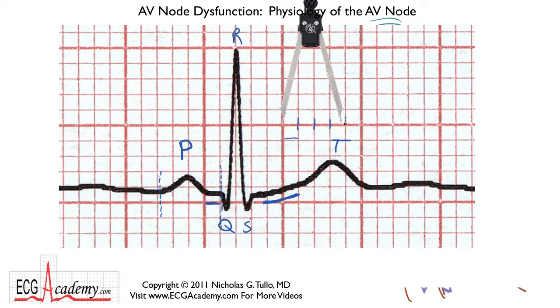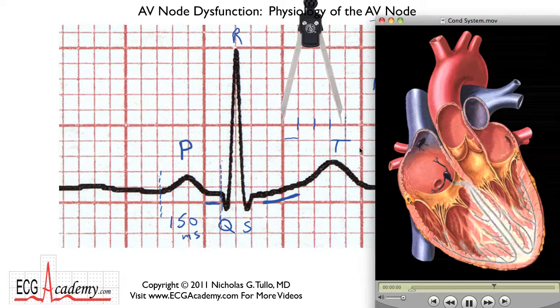This would be 160, but it's about 3/4 of a box here, so you have to call this 150 milliseconds. So the PR interval is 150 milliseconds. That's normal. The normal PR interval should be 120 to 200 milliseconds. That's the normal PR interval. When that interval is outside those ranges, then you consider this an abnormality and you can make the diagnosis accordingly.